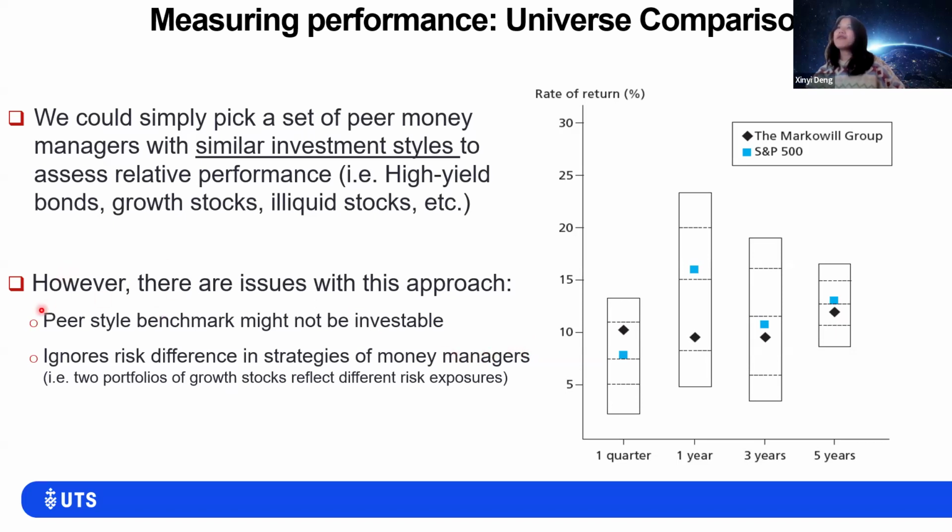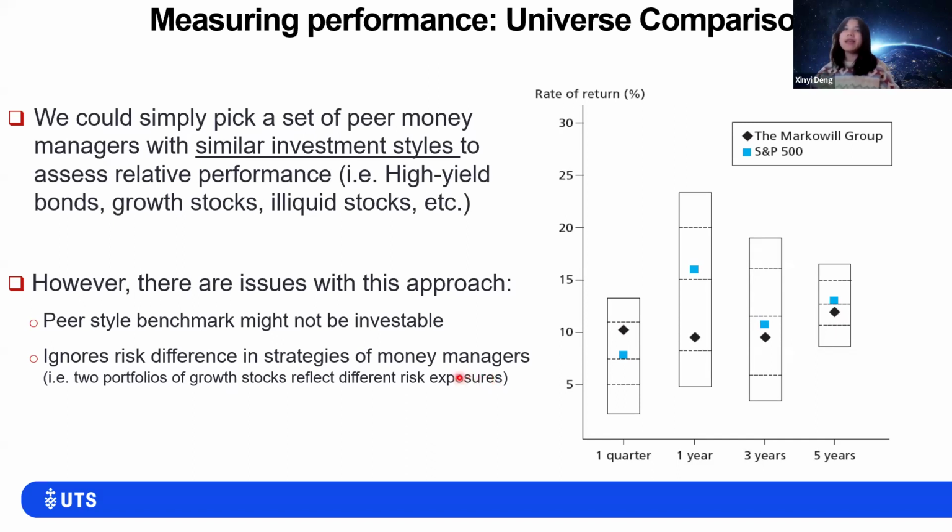Aside from this first drawback, the other drawback of this approach is that it ignores the risk difference in strategies of money managers. In other words, similar investment styles do not mean similar risk profiles. Within a particular universe, some managers may concentrate on particular subgroups.